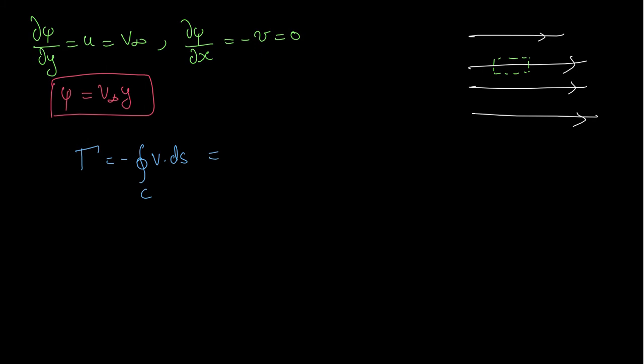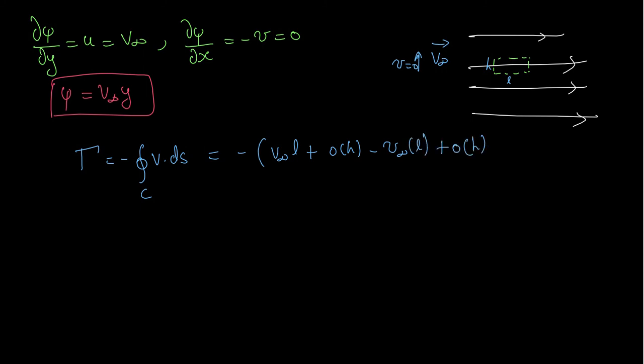My velocity I have assumed to be v infinity along this direction. There is no velocity in this direction. The v is 0 in the vertical direction, and I'll assume this length to be L and this length to be h. I can write this as negative of v infinity times L plus 0 times h minus v infinity times L plus 0 times h.